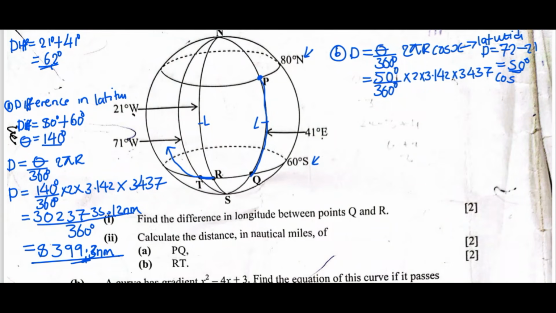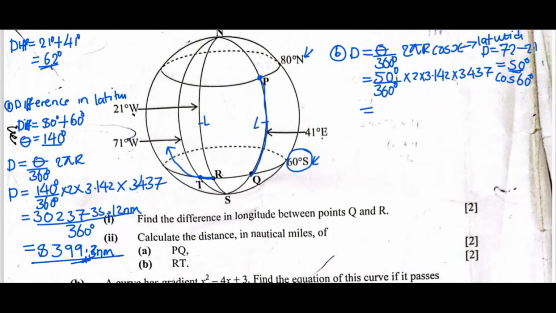So the letters T and R are lying on latitude 60. So where there is x, we put 60 degrees. So we can now do the mathematics. 50 multiplied by 2 times 3.142 times 37.